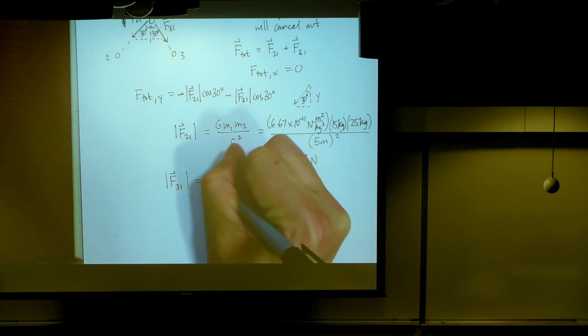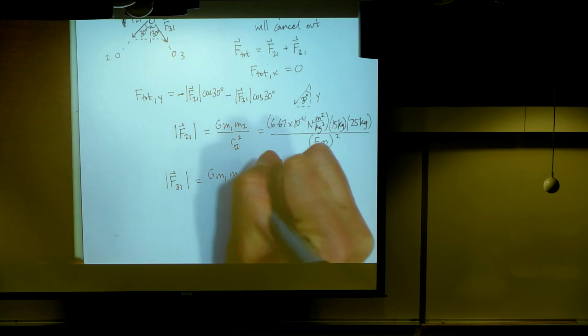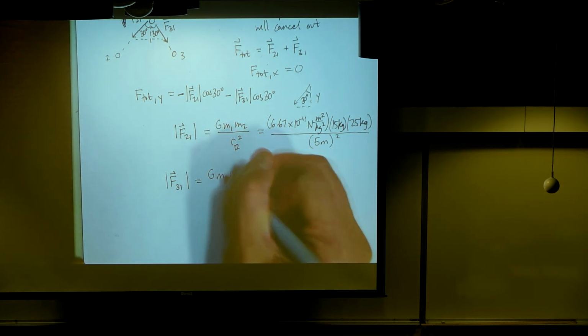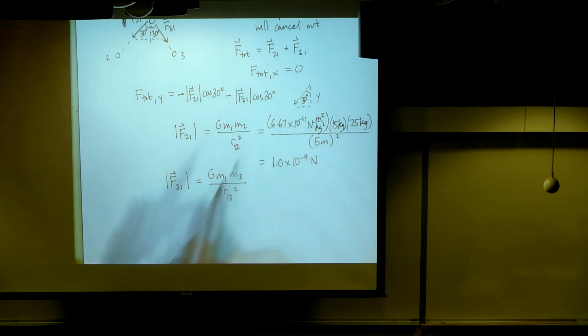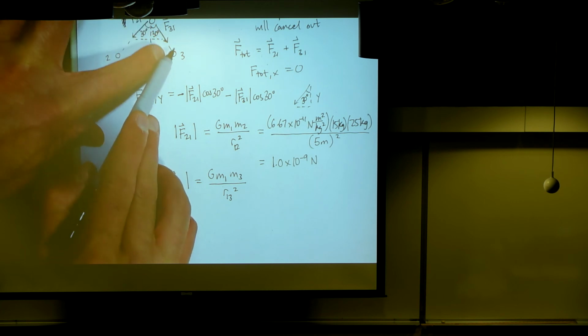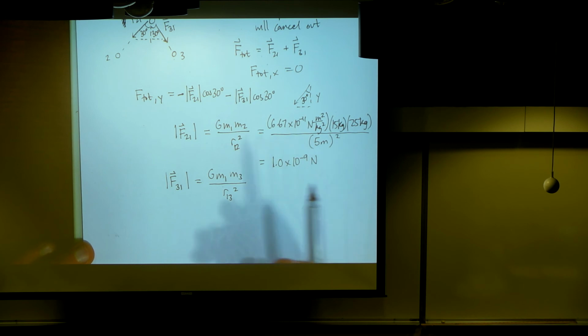Well, that's going to be big G times M1 times M3, because we're talking about the force between 1 and 3, divided by the distance between 1 and 3 squared. Well, 1 has a mass of 15, 3 has a mass of 25 kilograms, so those are the same masses from before.